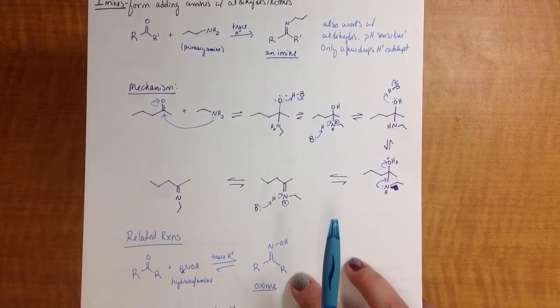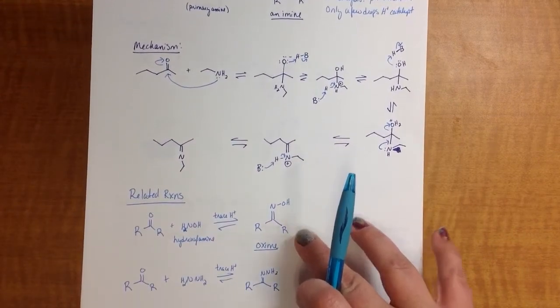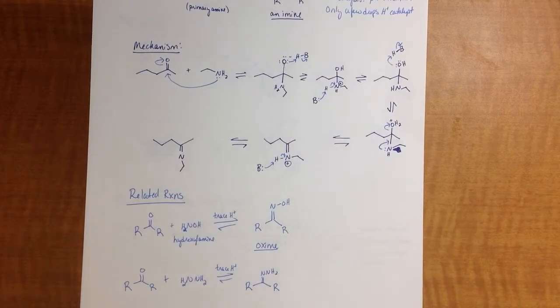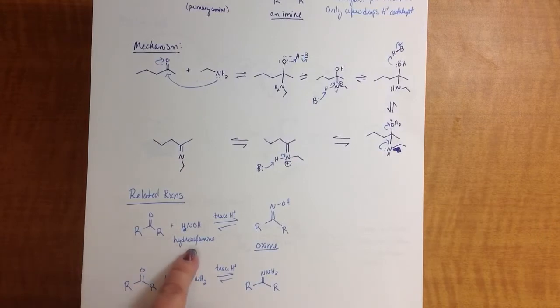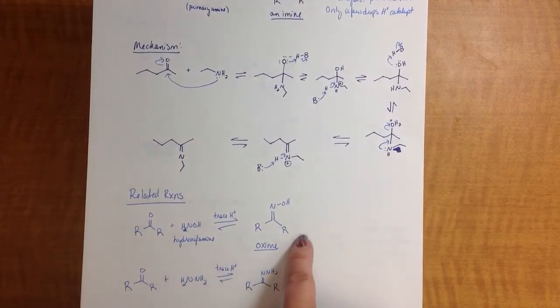Some types of things that are quite often used in making an imine is that we can take a ketone and add what's known as a hydroxylamine. So it's an NH2OH with trace amount of acids, and end up with what's called an oxime.